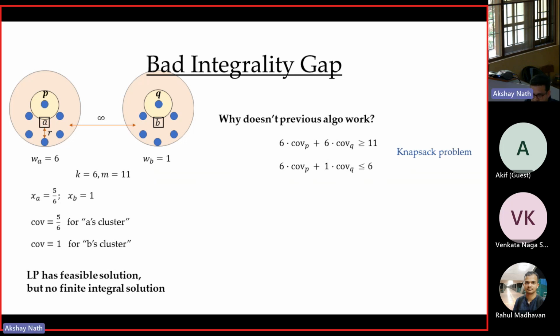The rounding algorithm can come to this situation where a linear combination of the curves is at least 11, and another linear combination is at most 6, and I want to pick integrally, so that the total budget is at most k and the total profit is at least m. That's precisely a knapsack problem.